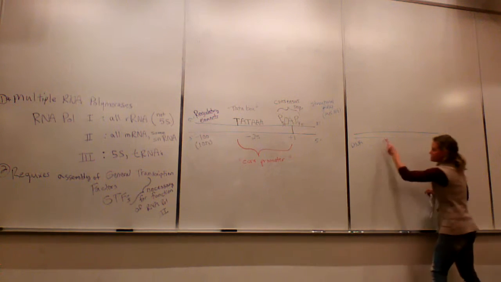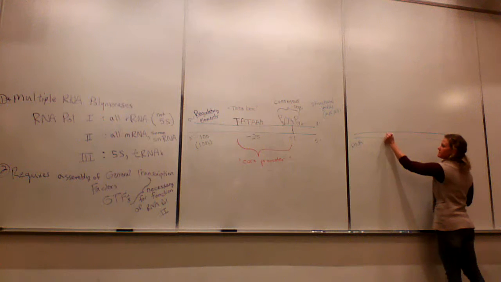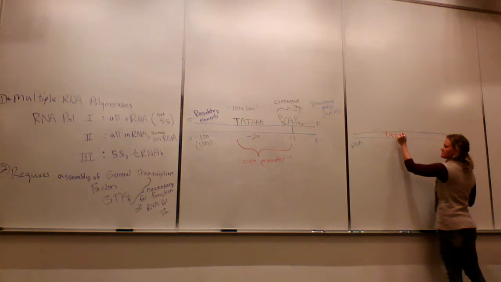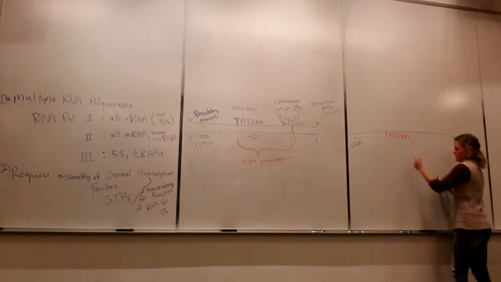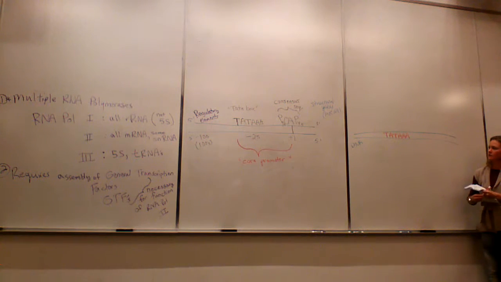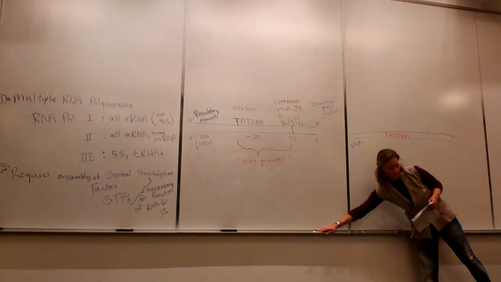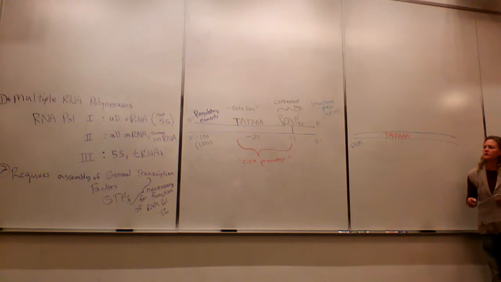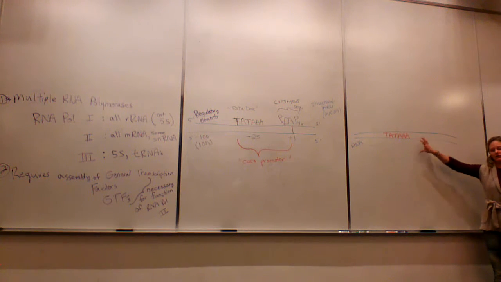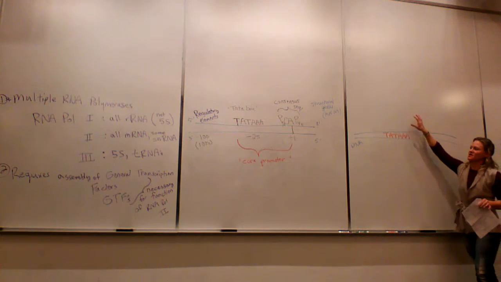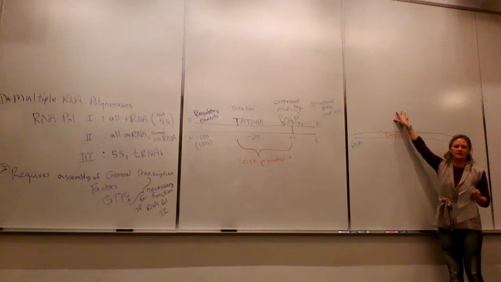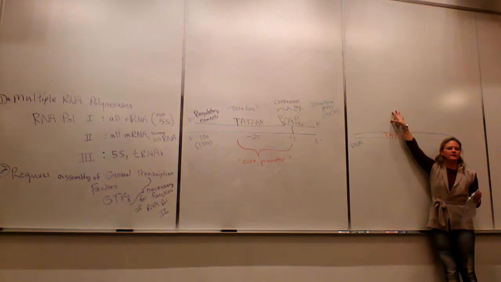A bunch of these general transcription factors are what's going to bind, and they're separate from RNA polymerase. So this is a key difference from eukaryotes, where is sigma a separate protein or part of RNA polymerase? Part of it, it's a subunit of it. With eukaryotes, these are separate proteins. They work together and they physically contact RNA polymerase, but they are a separate protein.